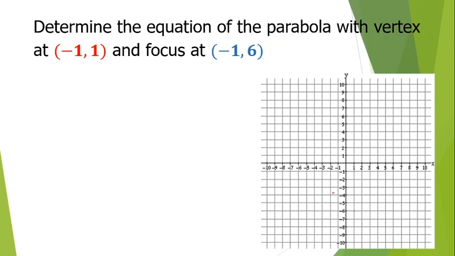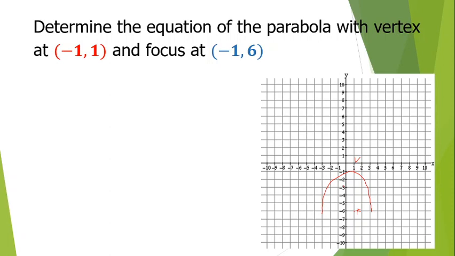If we're going to draw a parabola, we all know that the focus should always be inside the parabola. So we're going to have a parabola which looks like this one, a parabola that opens downward.